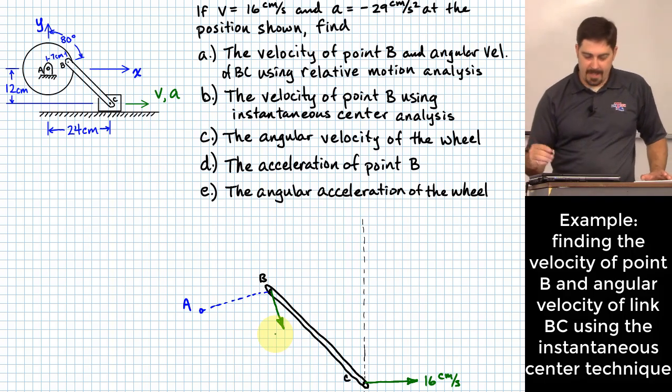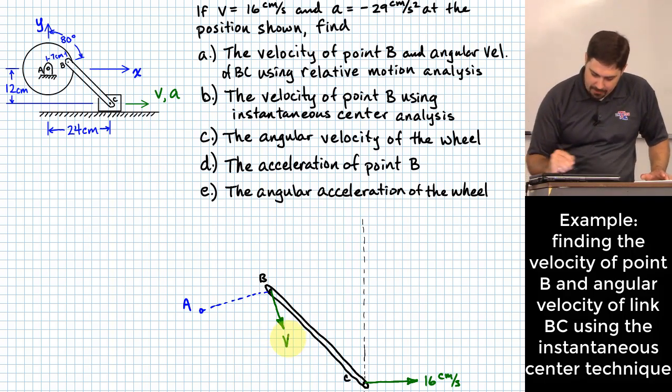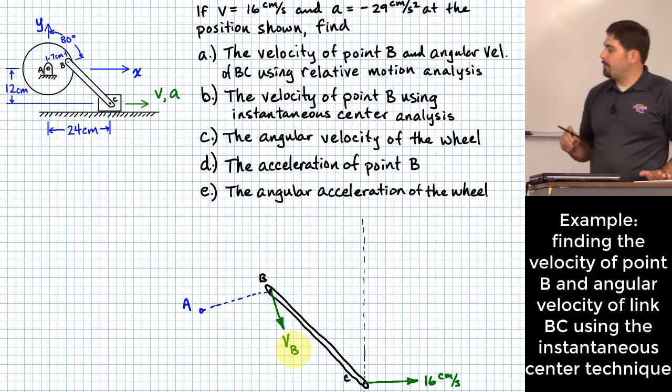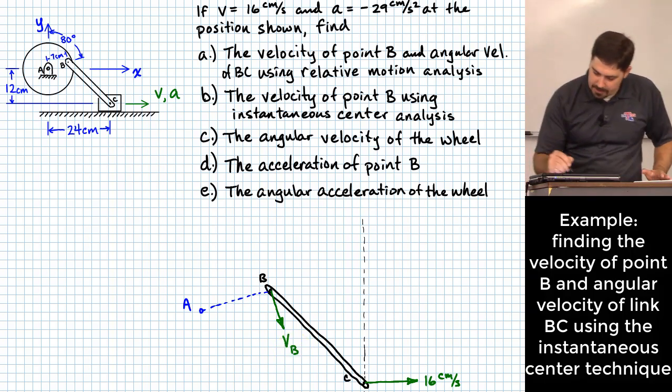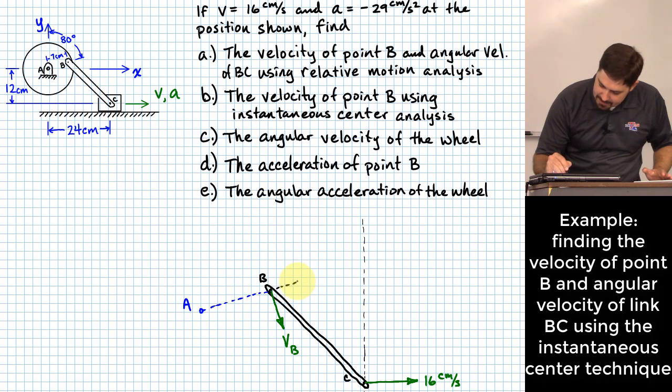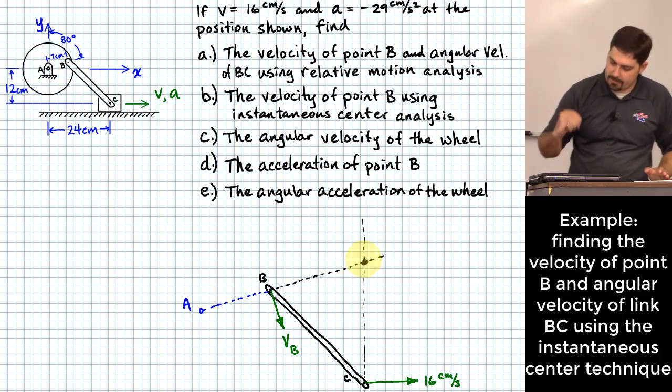We don't know this value yet, so we'll just call that V_B. So again, we know the direction of the velocity at point B, we just don't know the magnitude. Well, what is that perpendicular line to V_B? You can do it just by continuing to extend this line out even further.